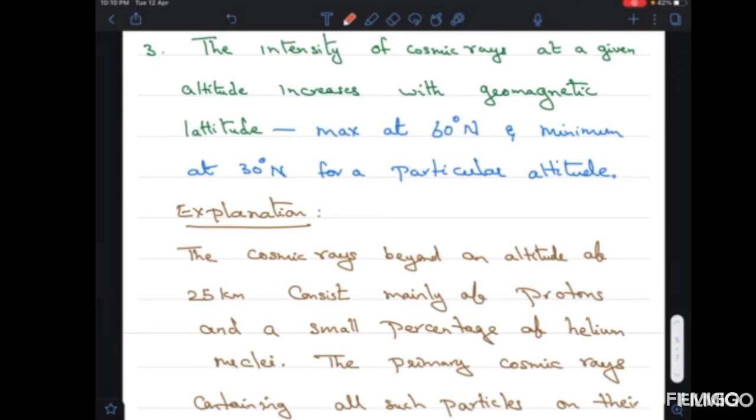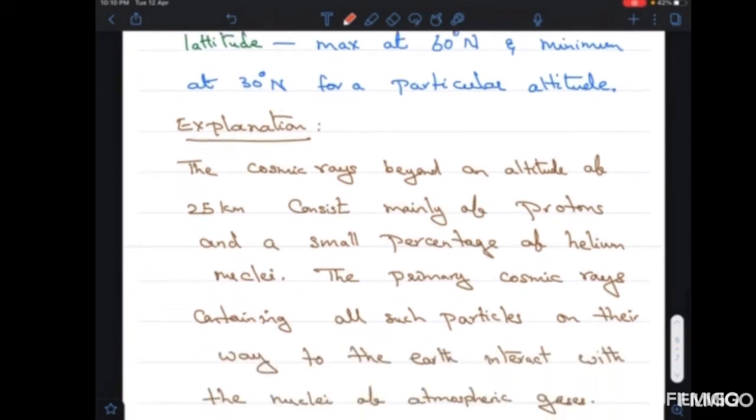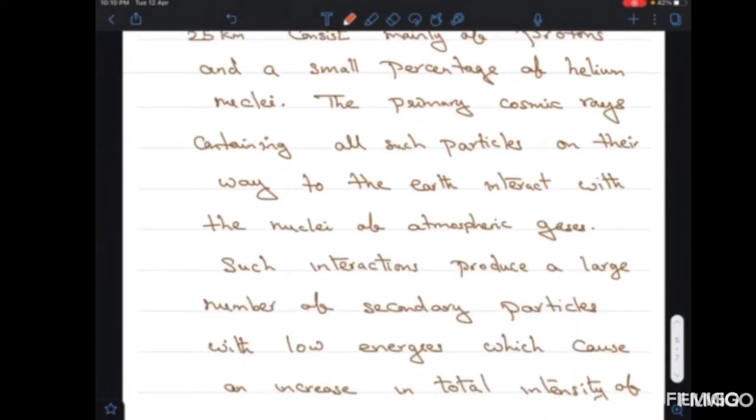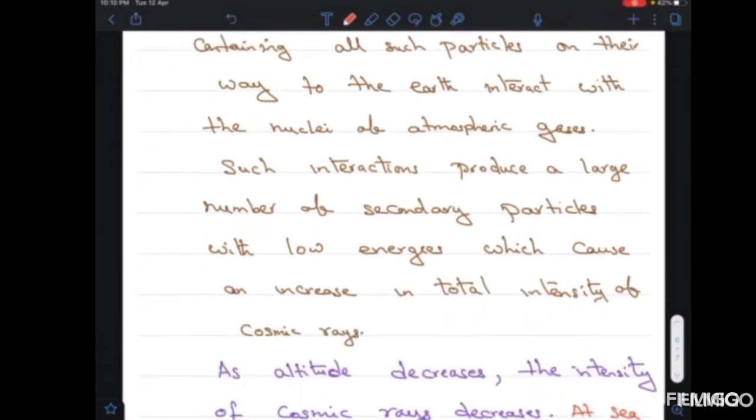So what happens? The primary cosmic rays containing all such particles, when they come to the Earth, interact with the nuclei of the atmospheric gases. And when they interact, secondary particles are formed with low energies, and thus the total intensity of the cosmic rays increases.